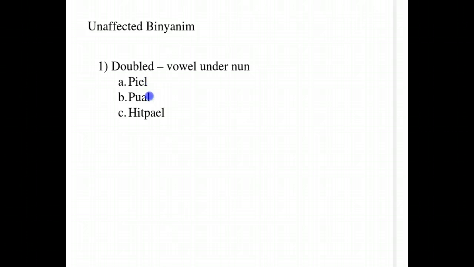Those three binyanim all have the dagesh in that second root letter, and in these conjugations the nun is going to be visible in all situations, mainly because the nun will not have a silent shva underneath it, but either a vocal shva or more likely a full vowel. So these three are not represented, which makes it easier because it takes away some of the worry of identifying this particular verb form.